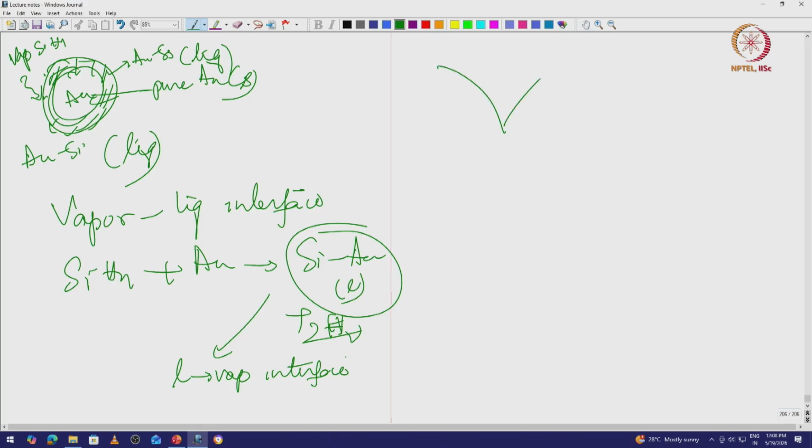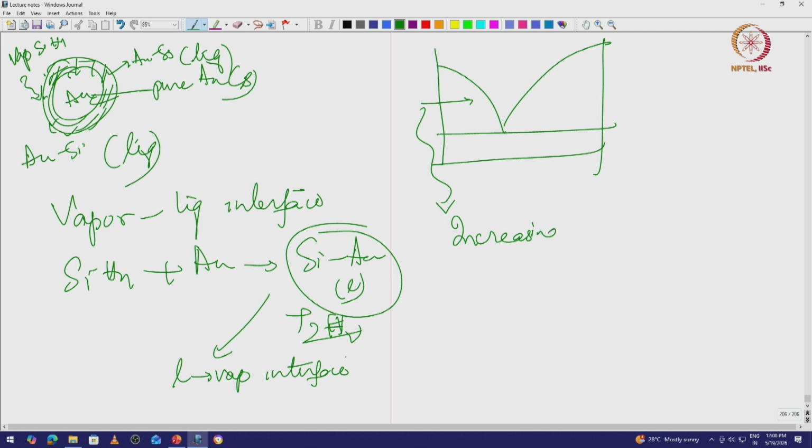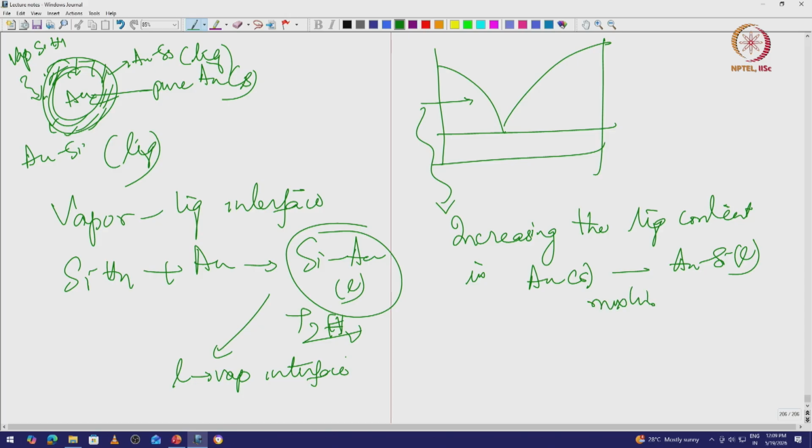So by traversing in this direction, I am increasing the liquid content in the solid gold and liquid gold silicon mixture, right, to such an extent that once I keep on supplying more and more silicon and reach here, at this point it is 100% liquid gold silicon. I do not have any solid gold, it is 100% liquid gold silicon, okay.